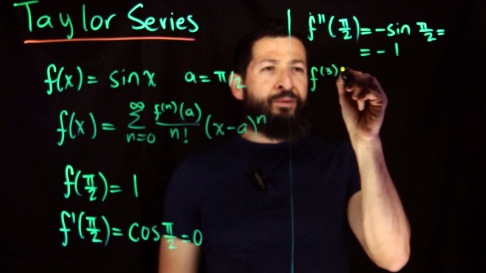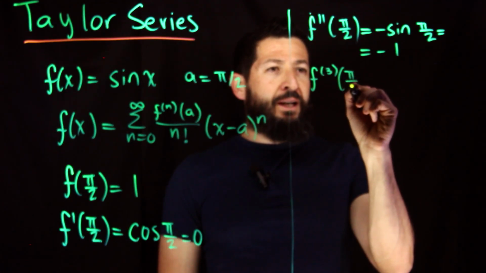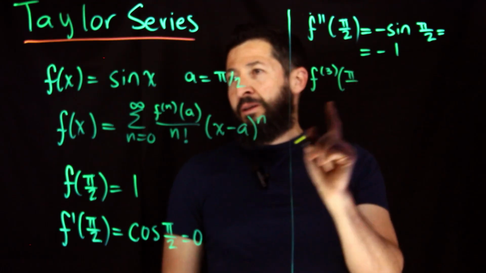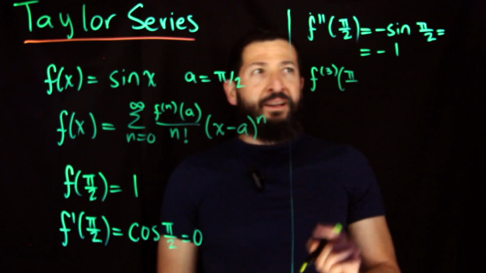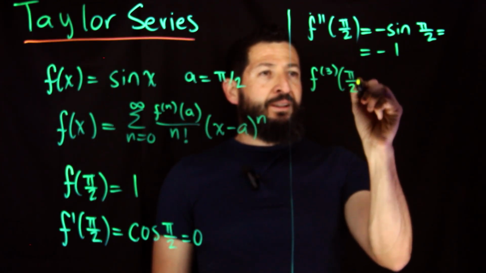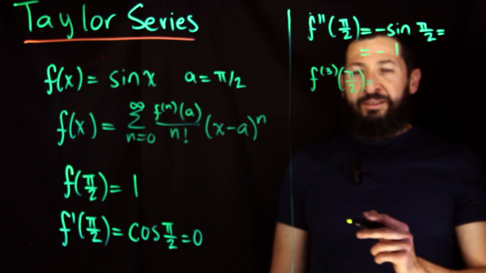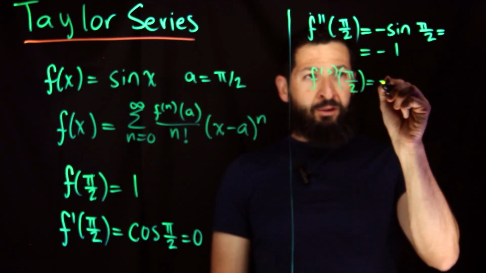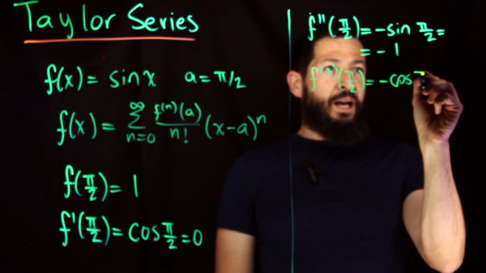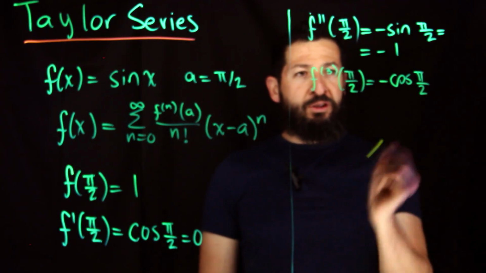By the fourth derivative, you normally see the pattern. And the reason is going to be because I started with the sine, I'm at negative sine. So my next derivative is going to be the derivative of the negative sine, which is the negative cosine at pi over 2, which is going to be 0.